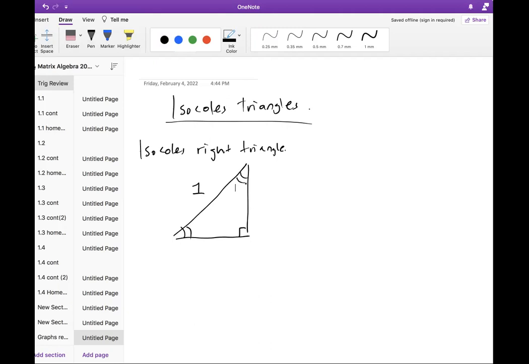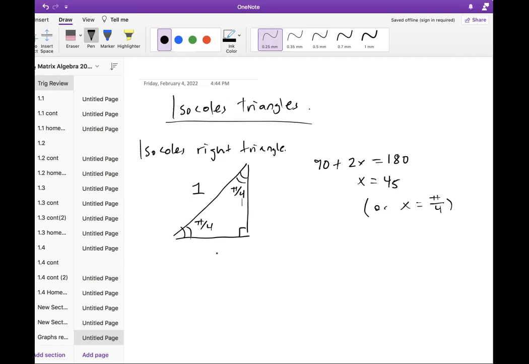So we know exactly what those angles are because 90 plus 2x is equal to 180. So when you find x, it's 45, or pi/4 if you like radians. So this is pi/4, and this is pi/4.